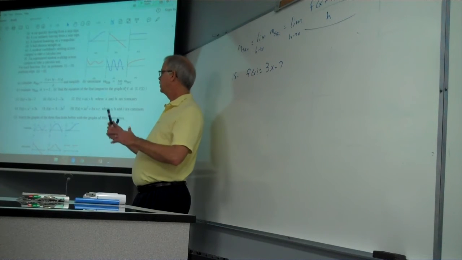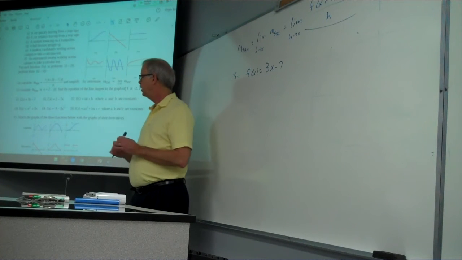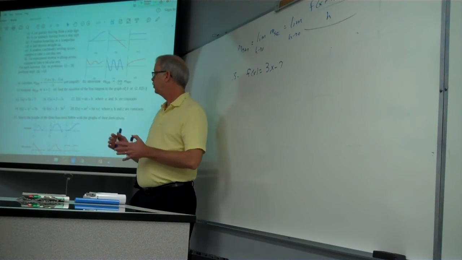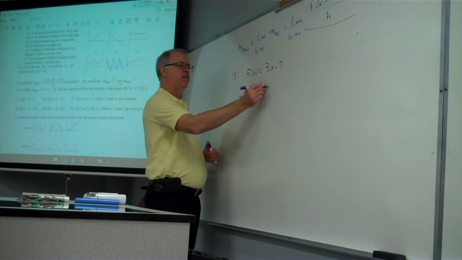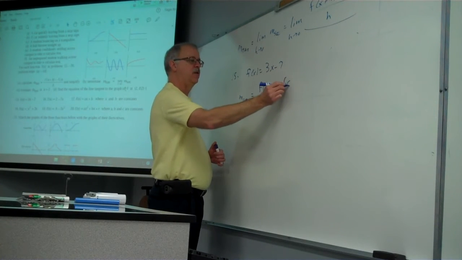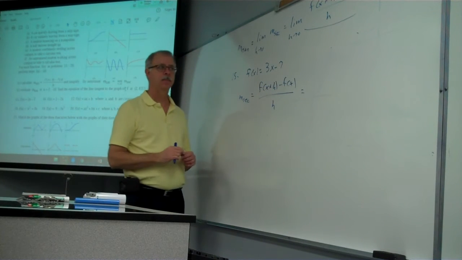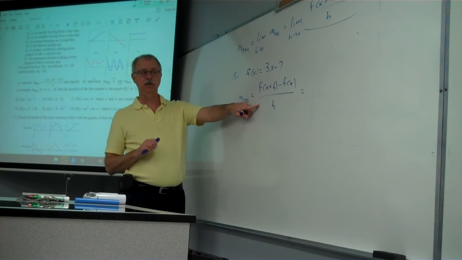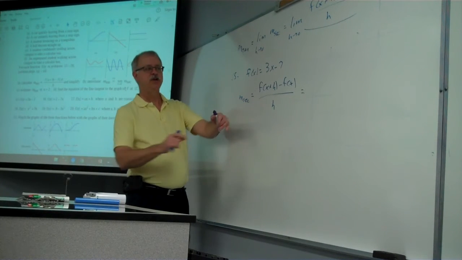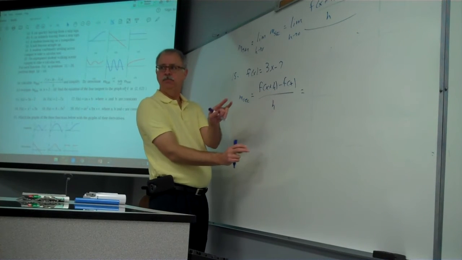Now here they don't tell us the specific point we're doing it at, but they still ask us to compute this slope of the secant line. So the slope of the secant line is f of x plus h minus f of x all over h. So still, change in output over change in input. And the change in input, x plus h minus x, they've already simplified that.